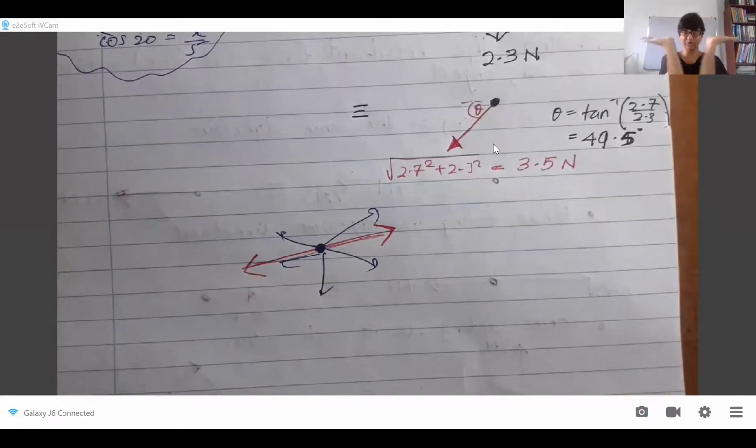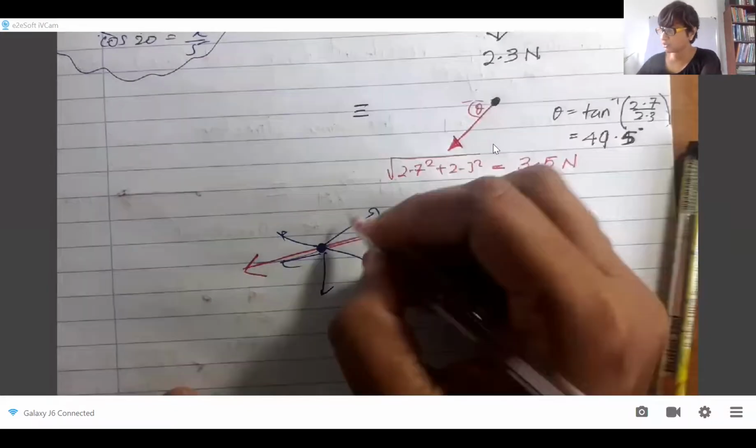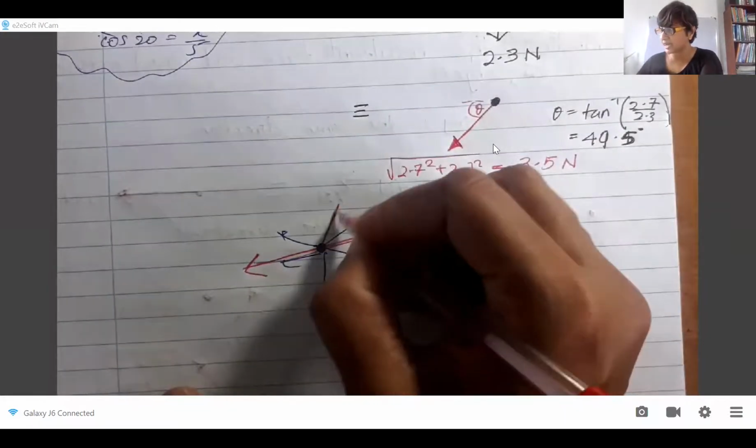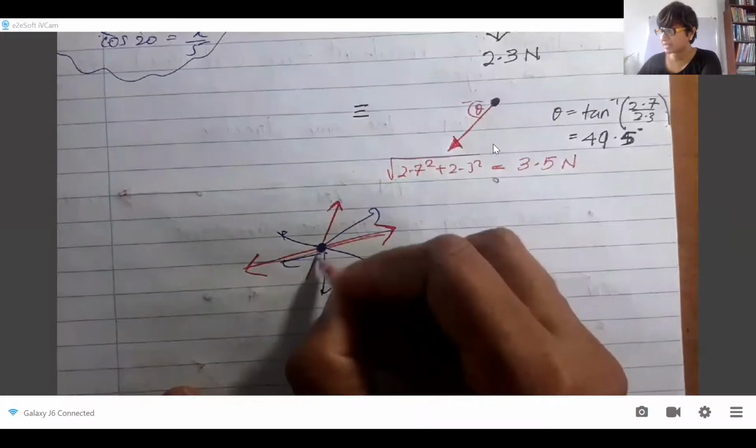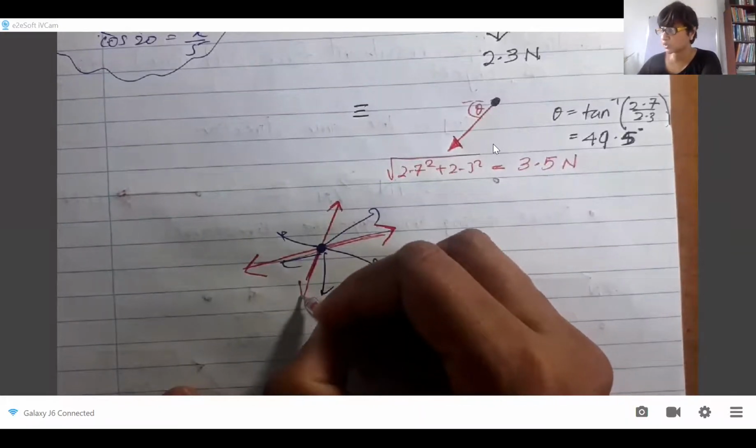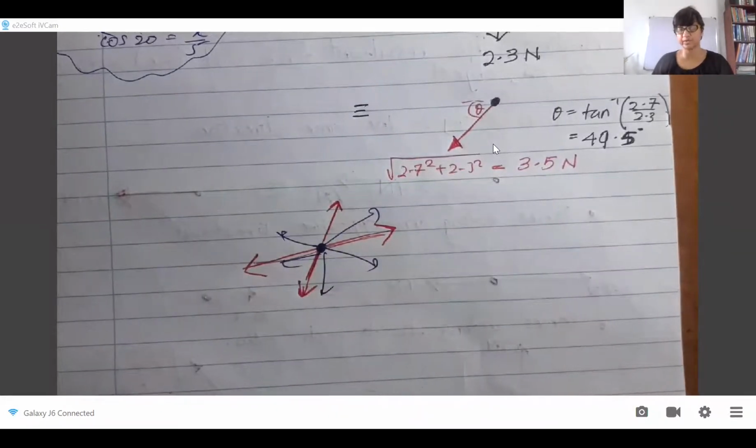And it's true for any direction that you consider. If you find the total in that direction, it'll be balanced by the total in the other direction. That's why it's not moving.